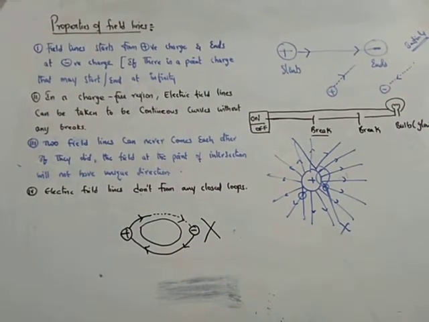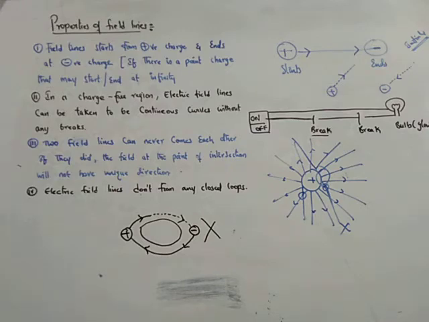So whenever we are good with these four properties: the first one, the field lines always start from positive and end at negative. So there is no field line which starts from negative and ends at positive. Second, the field lines are continuous without any breaks.